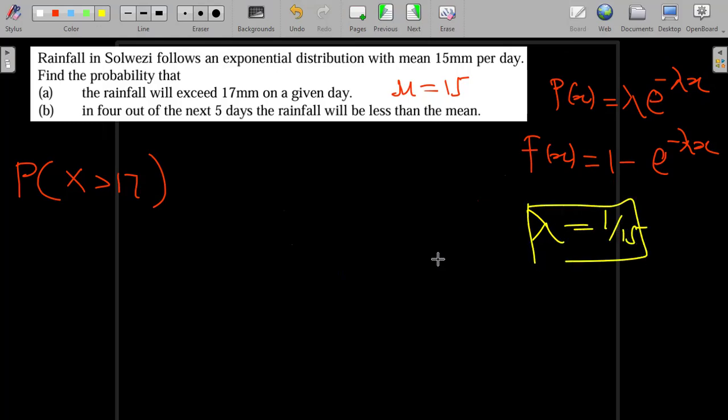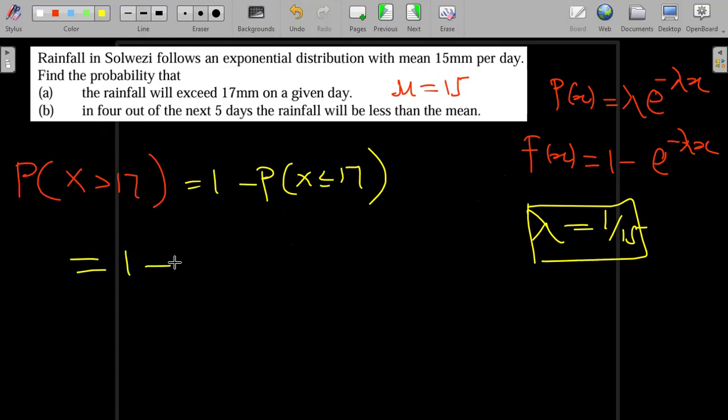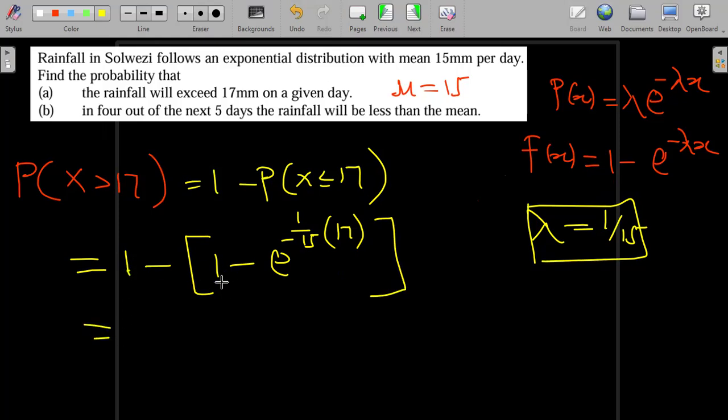15. So the probability that x is greater than 17 is the same as 1 minus the probability that x is less than or equal to 17. So this will be equal to 1 minus the CDF. So 1 minus e to the minus, I put the parameter 1 over 15 multiplied by x, which is 17 in this case. So 1 minus 1 will cancel out, then negative and this negative, I get e to the power minus 17 over 15.